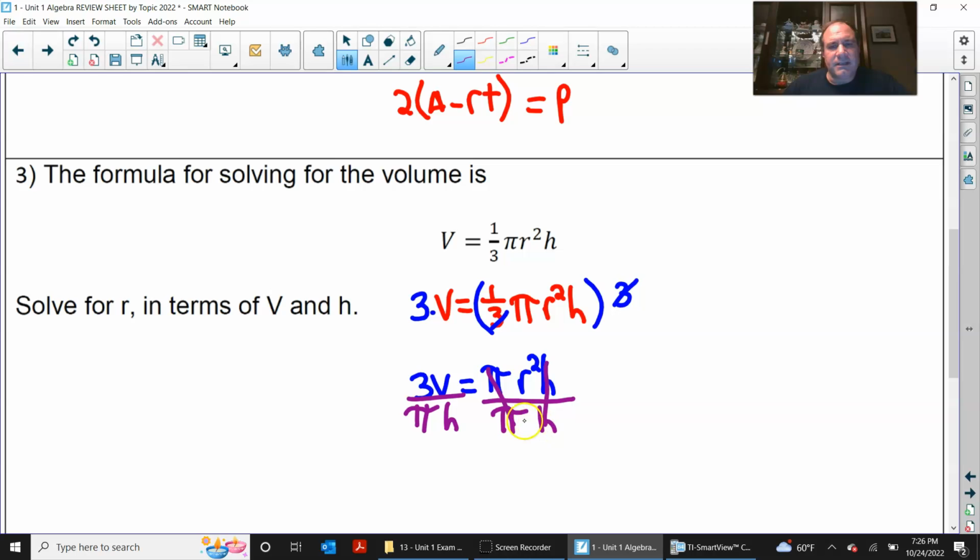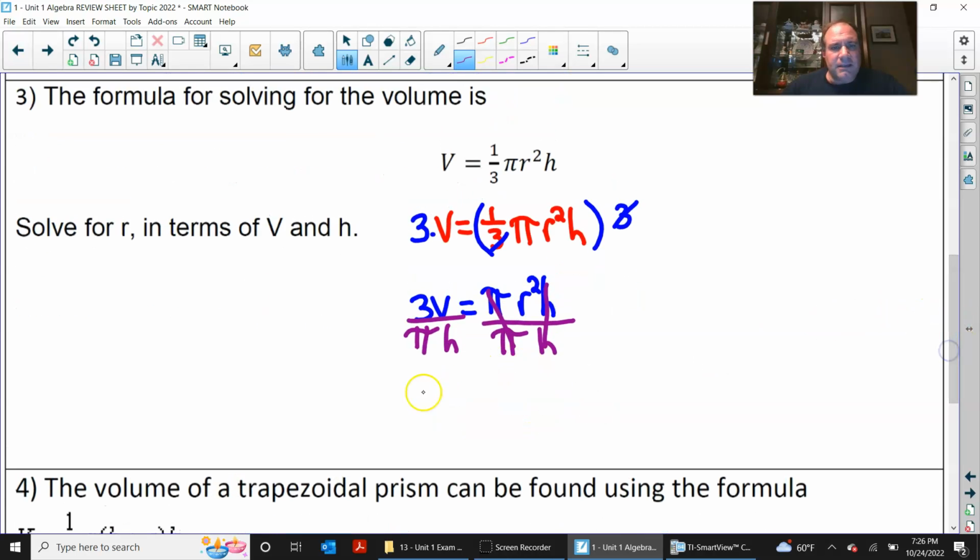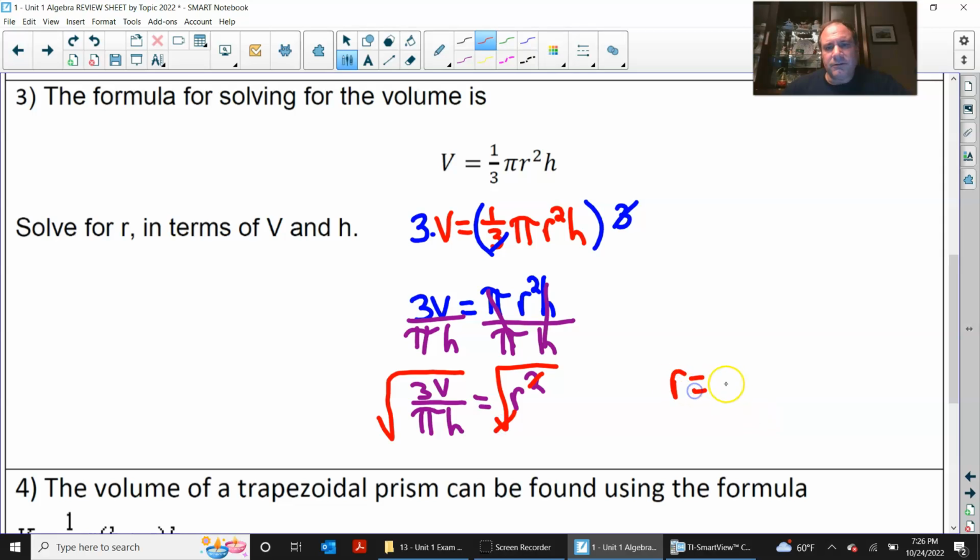I'm going to cancel out the H and the pi, and this is 3V over pi H equals R squared. Remember, you have to solve for R, and the opposite of squared is square root. This cancels with this. R equals square root of 3V over pi H. This is the answer.